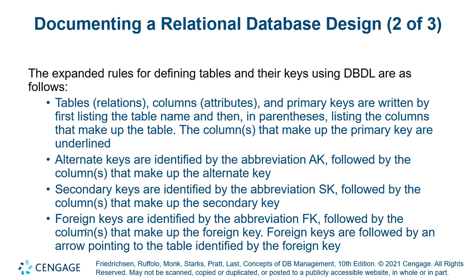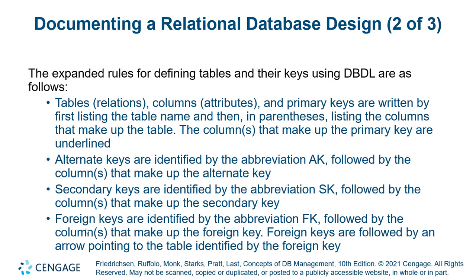An alternate key is what we've talked about before as a candidate key, meaning that it could potentially be the primary key, but we're using something else as the primary key instead.